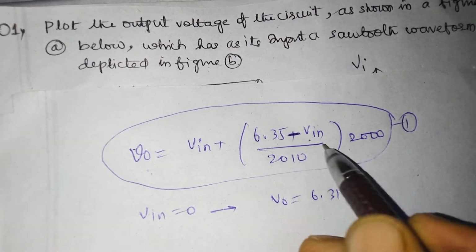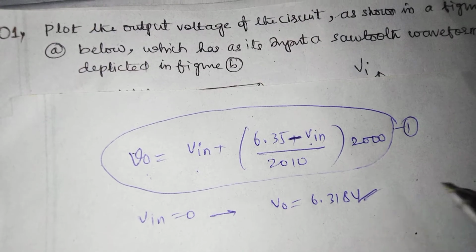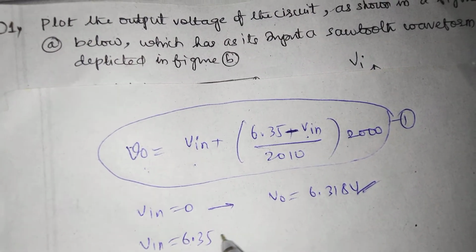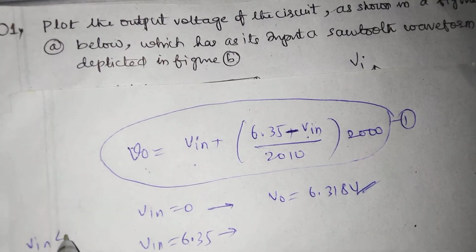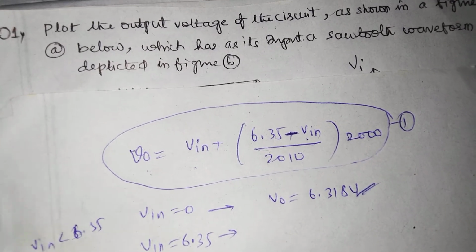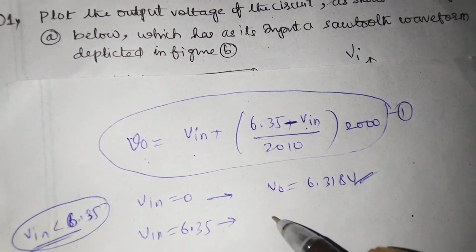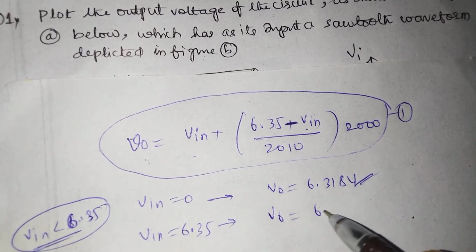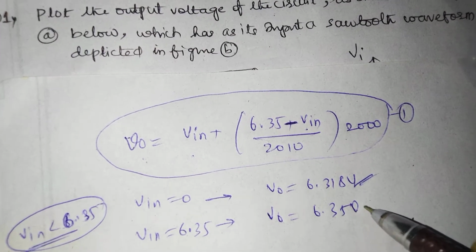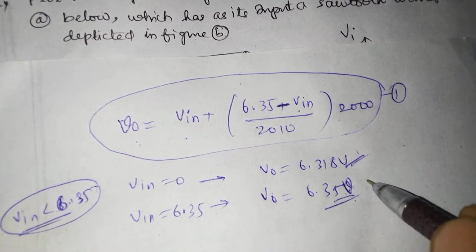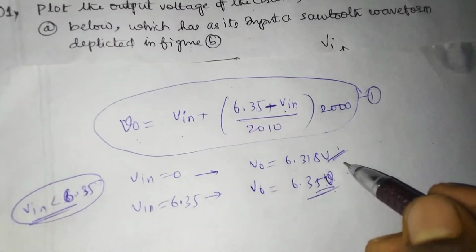Substitute 0 and we get 6.319 volts. When input equals 6.35, this is the maximum for the forward bias condition, so V output equals 6.35 volts. We get two values in the forward bias condition.